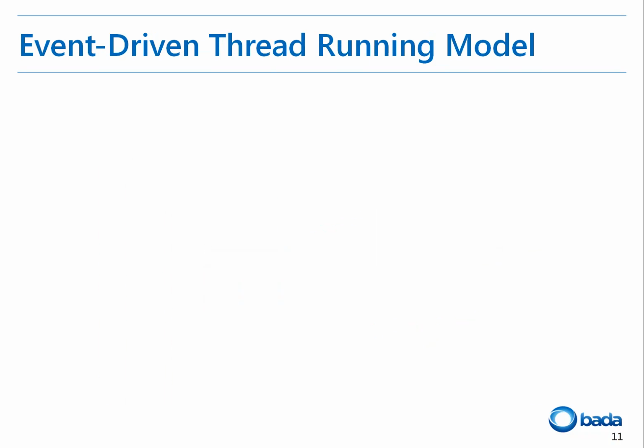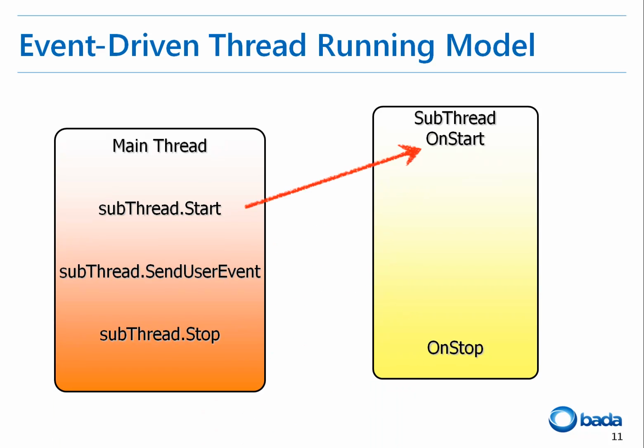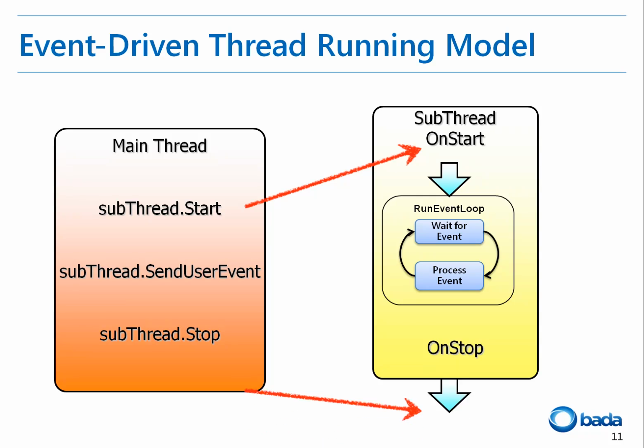Let's see how an event-driven thread operates. If the main thread constructs a subthread and calls the start function of the thread, the onStart virtual function of the thread is called, and then the thread enters the run state. The run method of an event-driven thread has its own event loop and shouldn't be overridden or implemented.